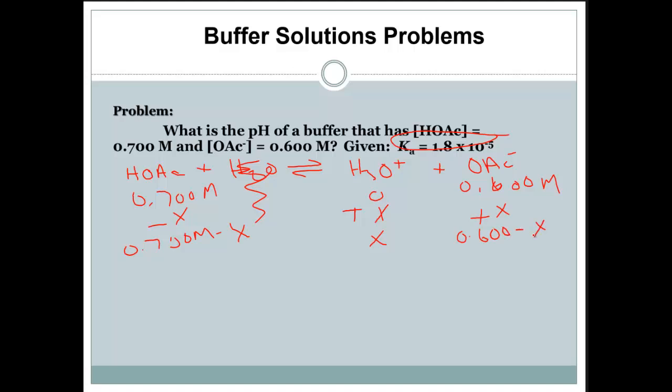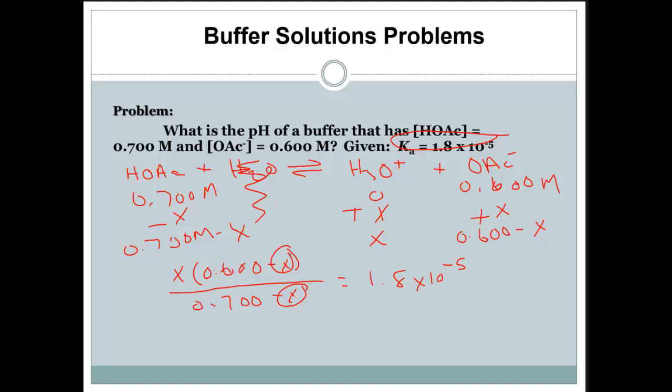Okay, so we're going to do the equilibrium constant, so that means the right side over the left side. Alright, with those minus x's, we're going to assume that the amount that's dissociating is far smaller than the initial concentrations.